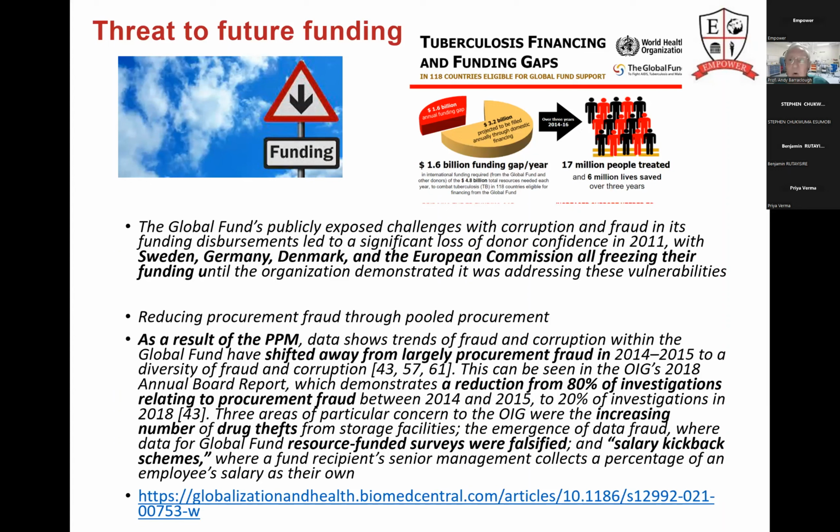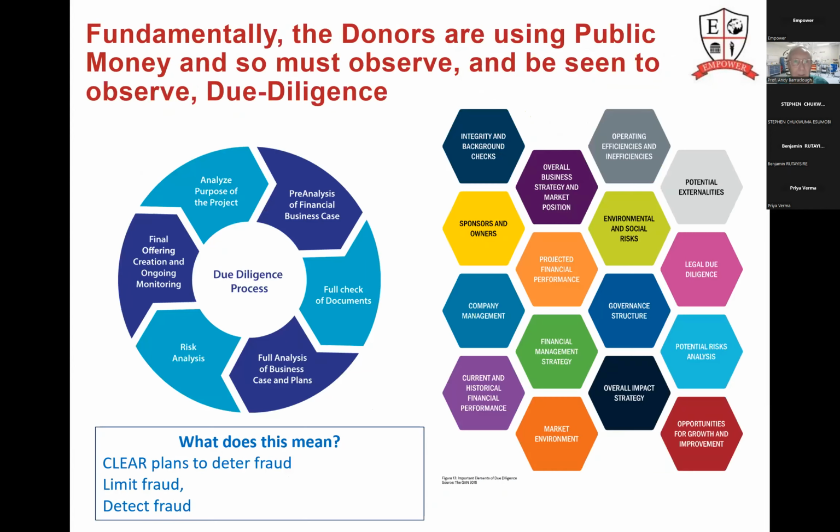So it's important that we try and minimize, we try and reduce that. And one way we do that is by having clear PSM plans. And that means we have to have due diligence. Clear plans that limit fraud and can detect fraud when it's there.